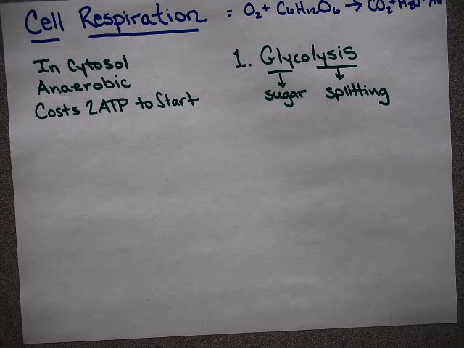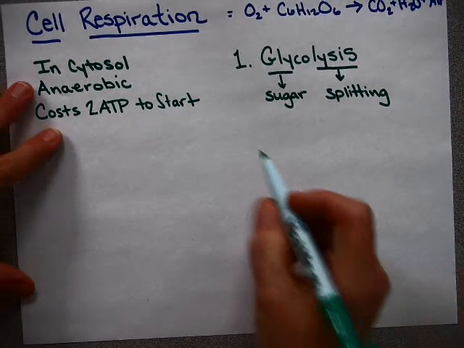Eventually you'll be pulling C's and O's off of it, but you get rid of those. But you keep the H's. In the beginning, this is our last time that we can actually recognize glucose because we're about to start changing the molecule around and start splitting it up into pieces and taking stuff off of it as we go.